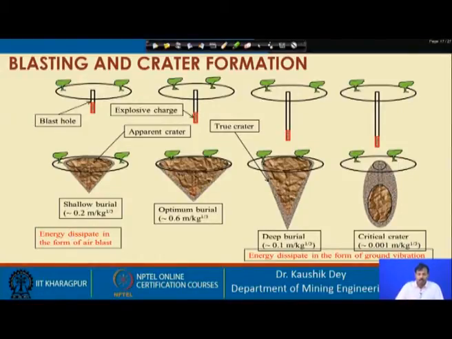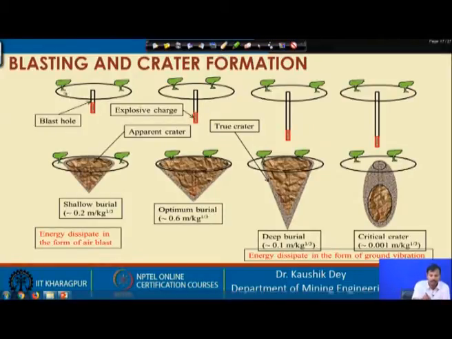This experimentation was carried out at a very early stage. The objective was to find out what will happen if we initiate some explosive inside the earth crust or inside the rock mass.